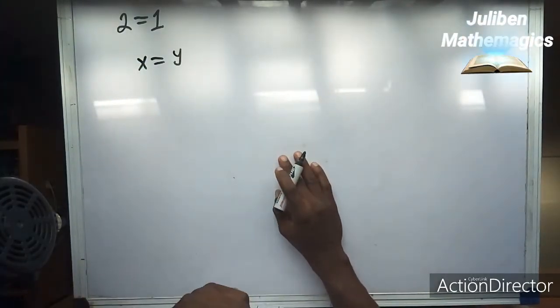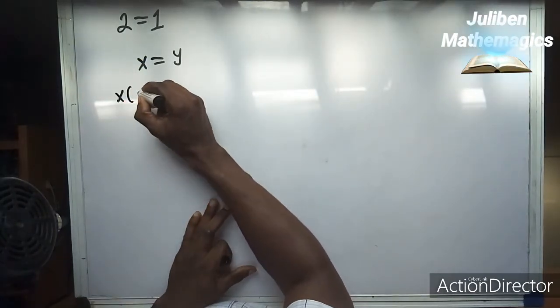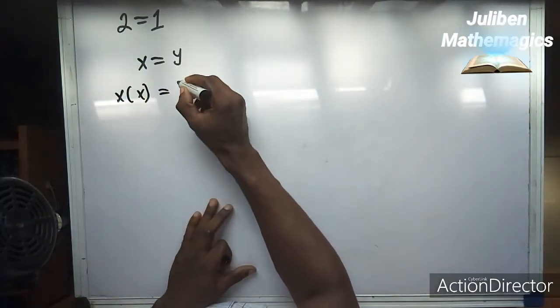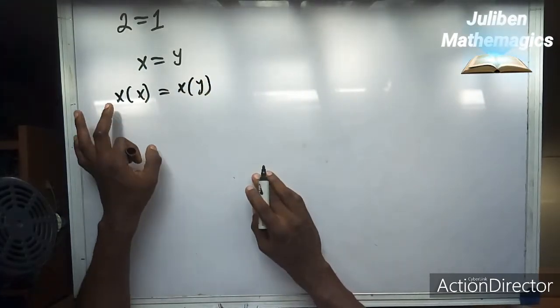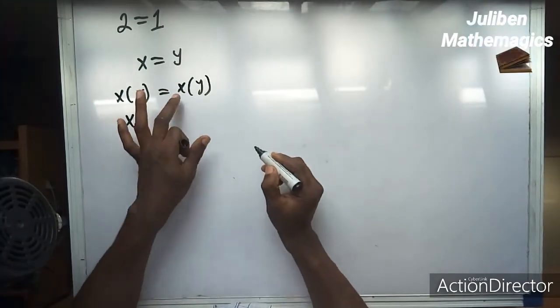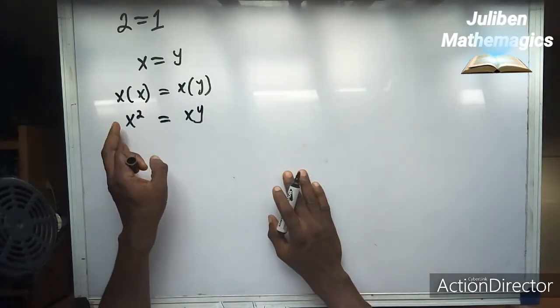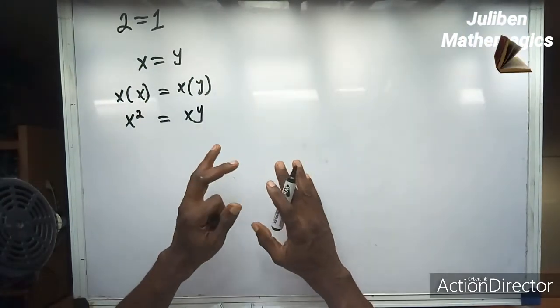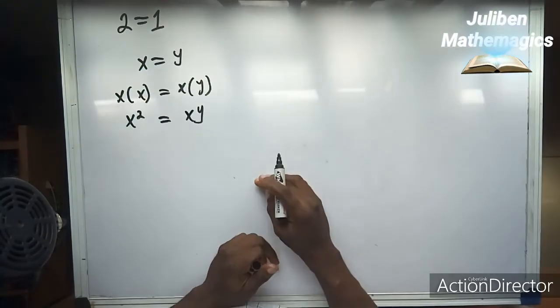Now, at this point, let's multiply both sides by x. Multiplying both sides by x, x times x gives x squared, and x times y gives xy. What I did here is the same thing I did here, so you haven't disfavored one side to favor another.